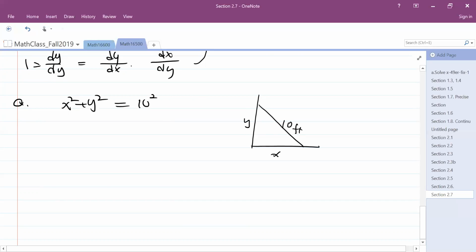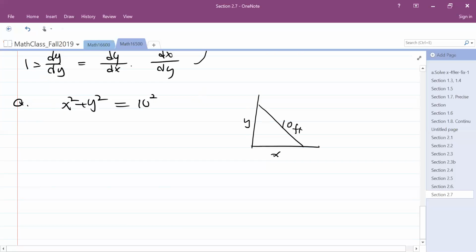This is the Pythagorean theorem. So when y increases, x decreases. When x decreases, y increases. So when x changes, y changes, so y depends on x. But you can also view x as a function of y, because when you change the height, you also change the horizontal distance. So when you make y change, x changes automatically because they're related.